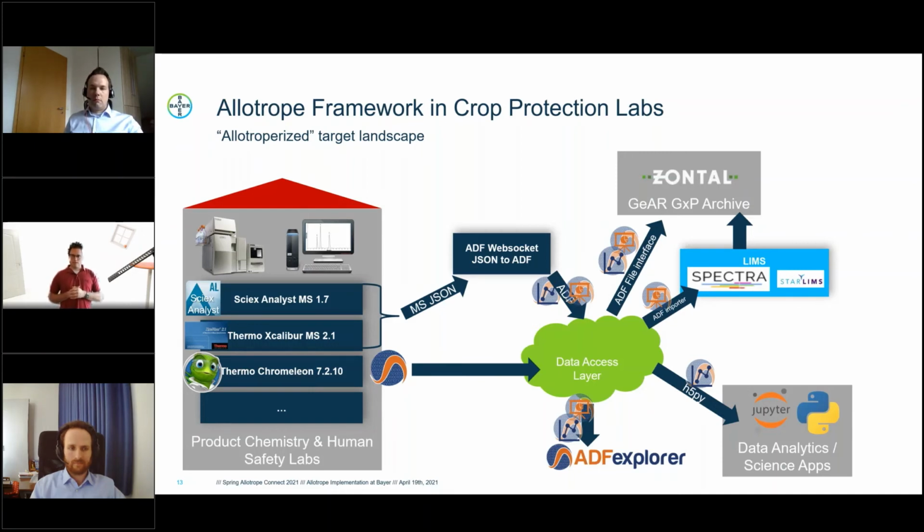And so the data can flow between these different applications. Sometimes if you look at the LIMS, you don't want to have the raw data in the LIMS, so you just extract the information that is important there.